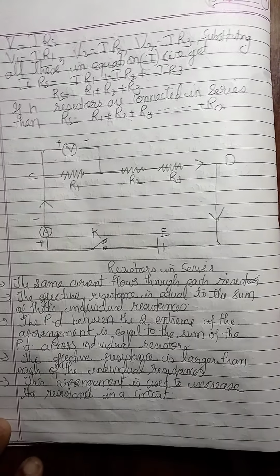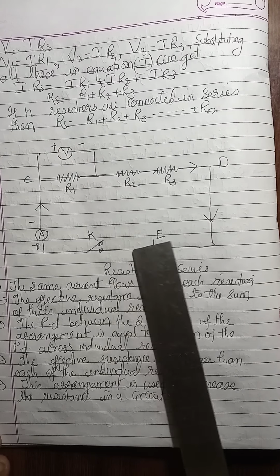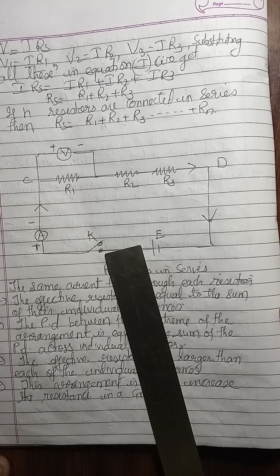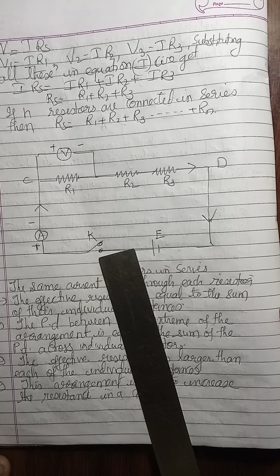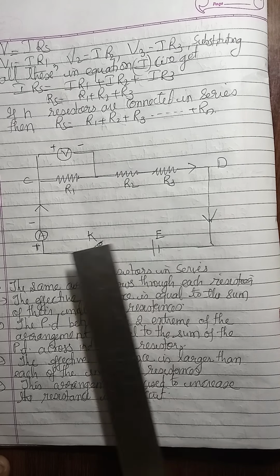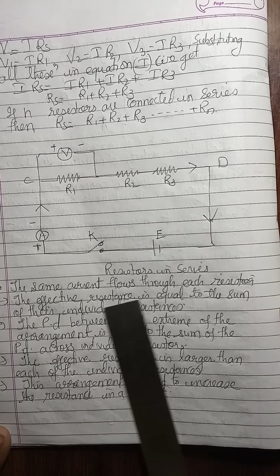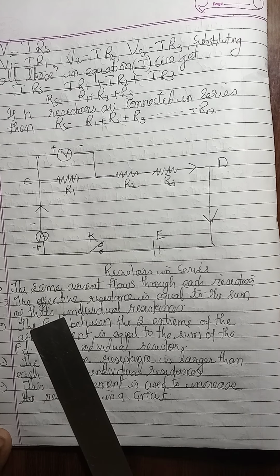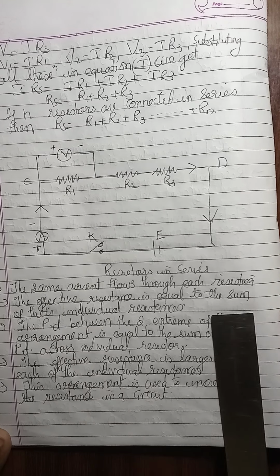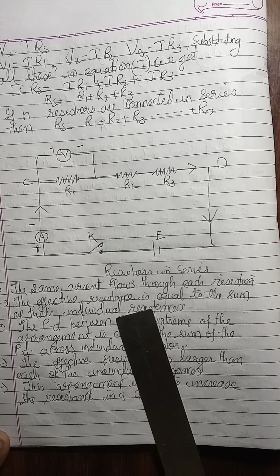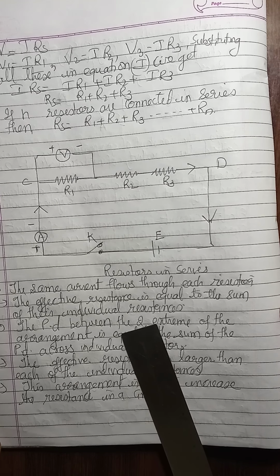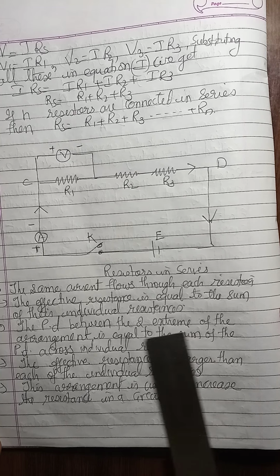Now the characteristics of resistance in series. What are the characteristics when resistors are arranged in series? First, the same current flows through each resistor. Second, the effective resistance is equal to the sum of the individual resistances, that is Rs equals R1 plus R2 plus R3 and so on.